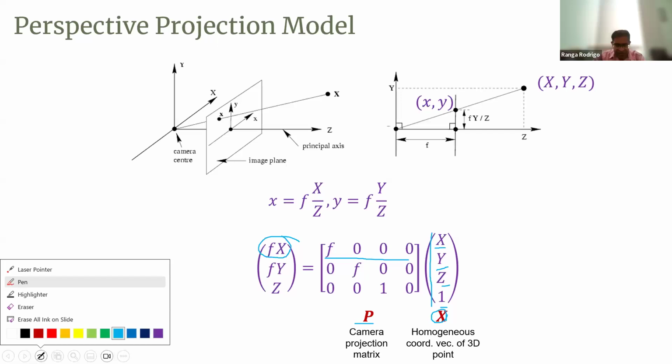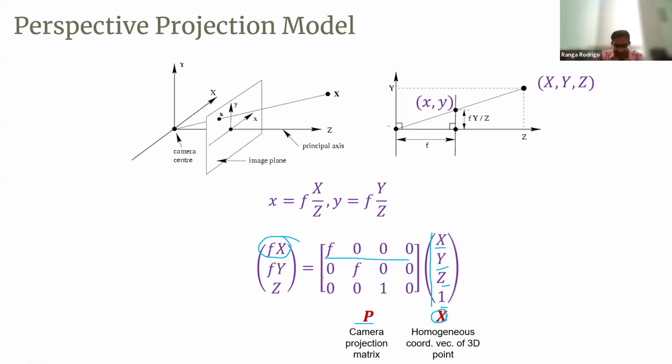Then for the second row's computation, this second row multiplies this column, right? So then f is at the second slot, so you only multiply Y, right? So that's why you get fY here. And then thirdly, the third row multiplies this column, and the third element is non-zero, corresponding to Z. So therefore you get Z here. From this, how do you get the Cartesian coordinates?